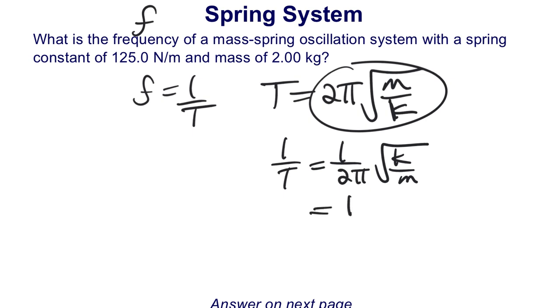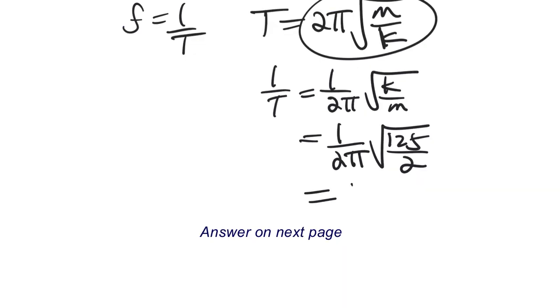So what I have is 1 over 2 pi. It's probably easier to just solve for T and then invert that answer. Square root of 125 divided by 2. So I get 1.26 hertz, cycles per second, for the frequency.